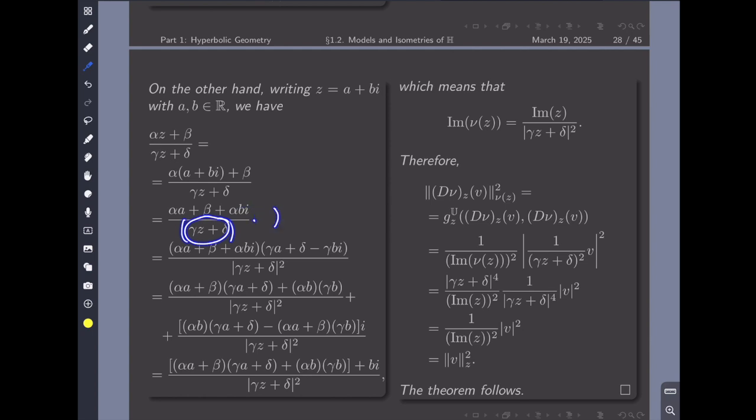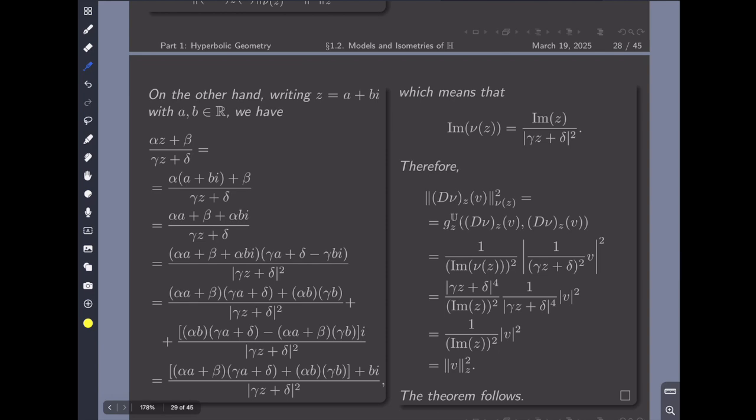So by gamma z bar plus delta divided by gamma z bar plus delta, which is the conjugate because gamma and delta are real numbers. So you do the explicit computation just to arrive here. And this tells you that the imaginary part of nu of z is just b divided by this other thing.